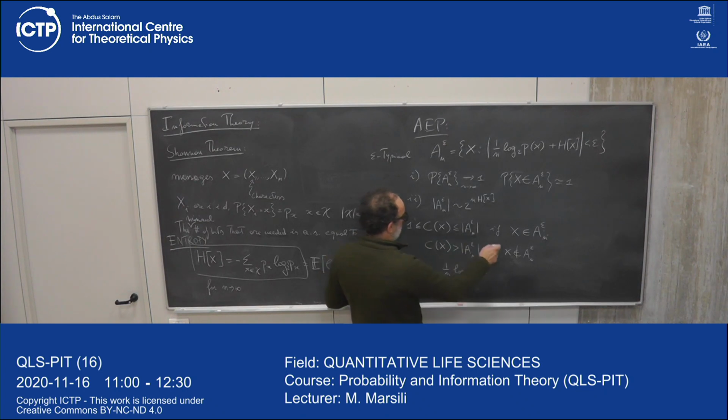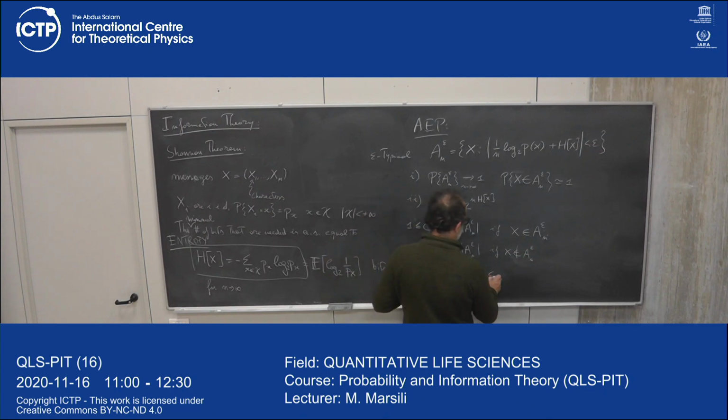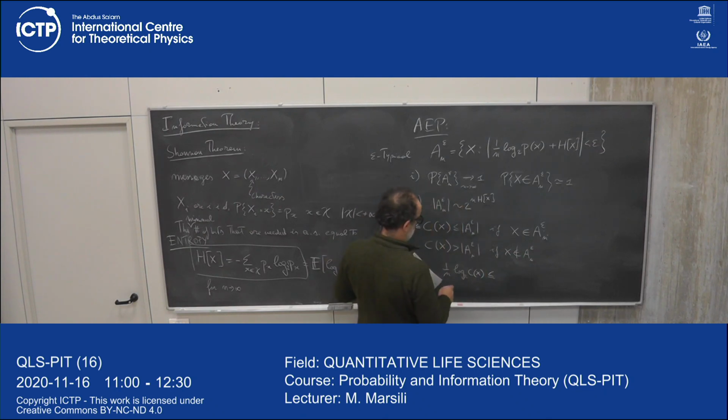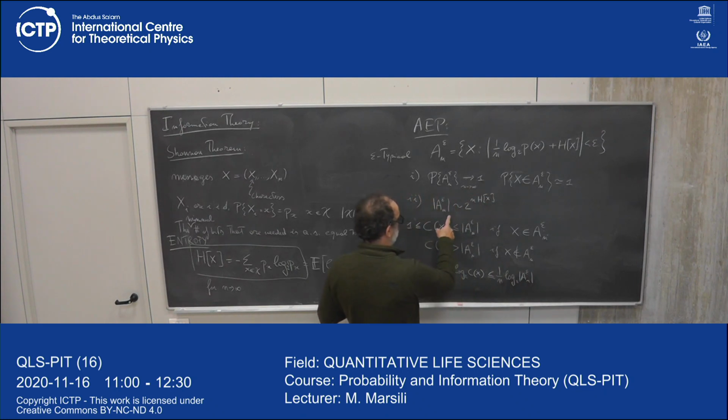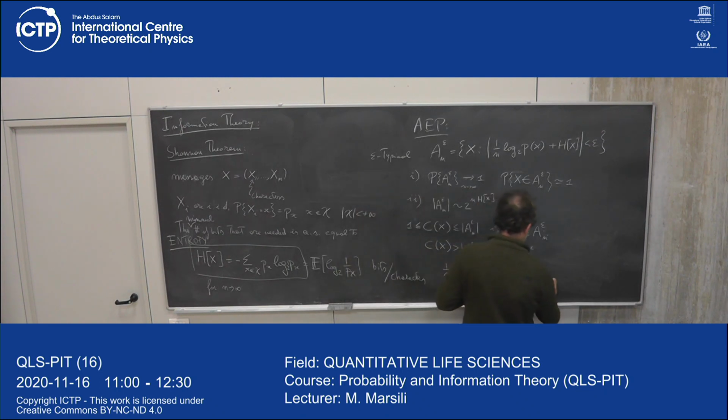So because of this, if x is in the epsilon typical set, then this will be less or equal than 1 over n times log base 2 of A_n of epsilon. And because of this, as n goes to infinity, this goes to h of x.